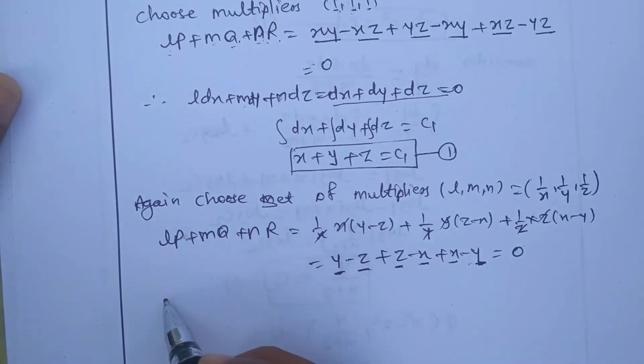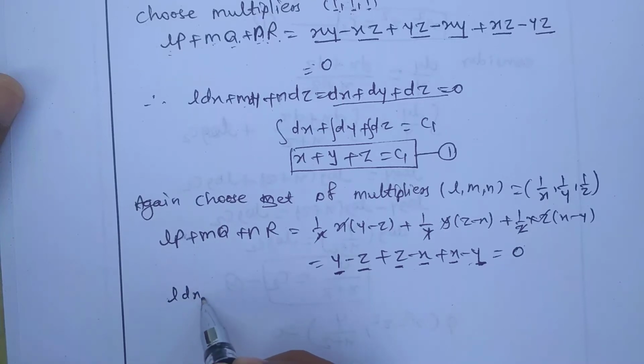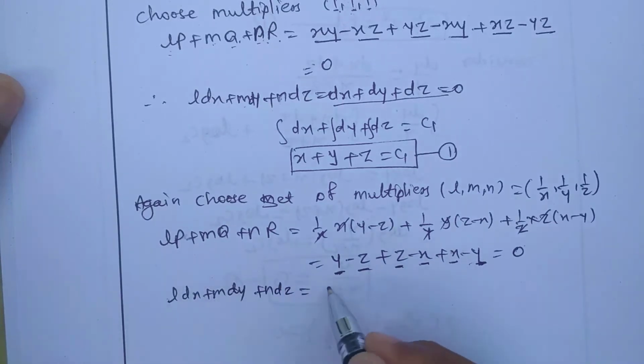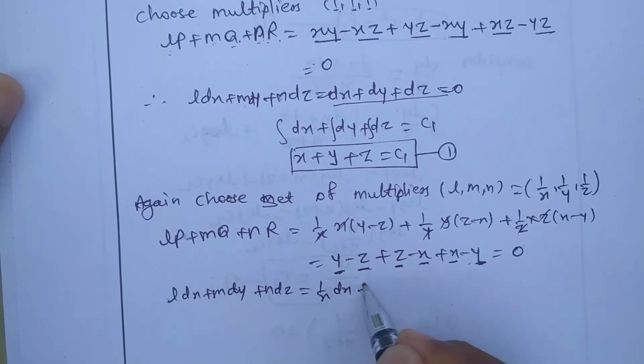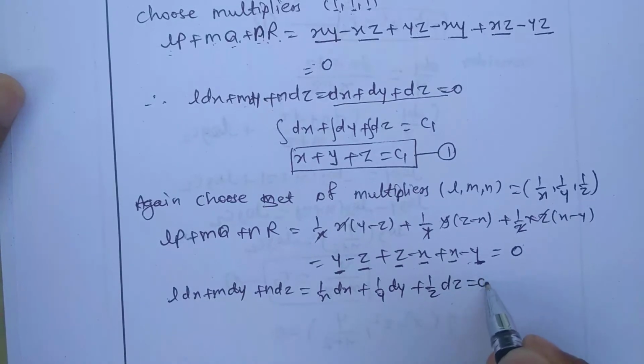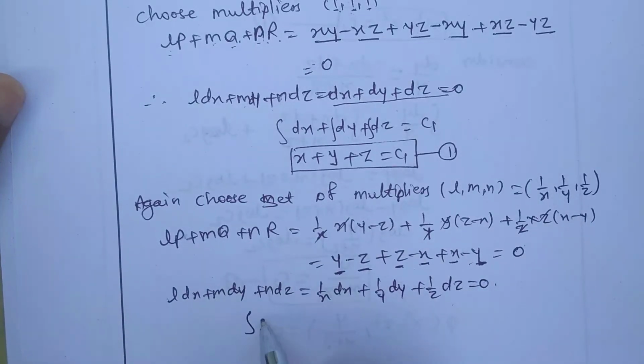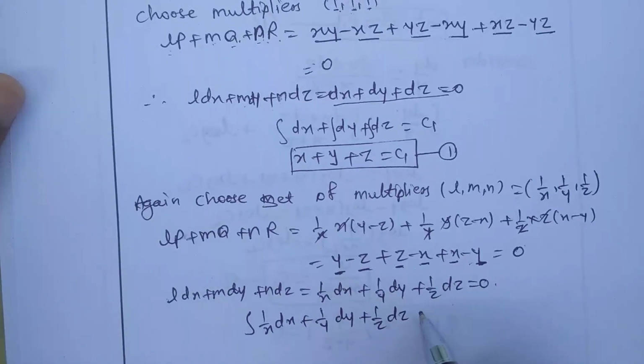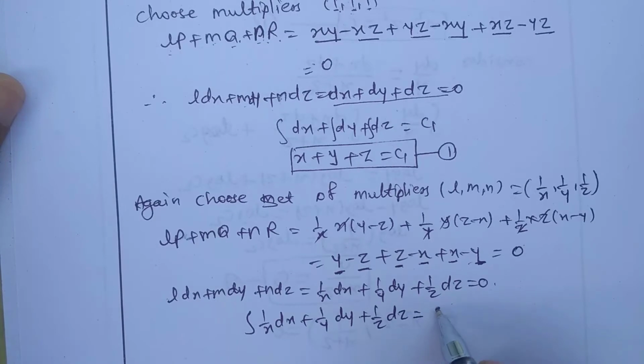So we can consider L dx plus M dy plus N dz equals to, value of L is 1 upon x, dx plus 1 upon y dy plus 1 upon z dz equals to 0. Integrating this, integration of 1 upon x dx plus 1 upon y dy plus 1 upon z dz is equal to some constant c.